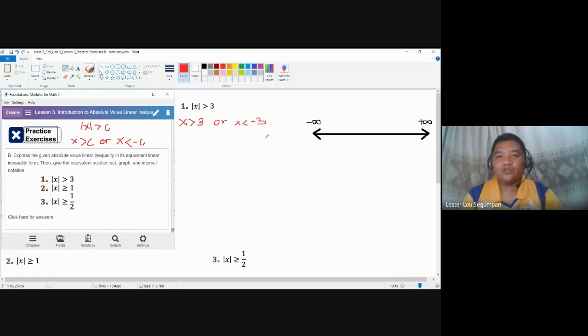If you're not sure about what we did, simply pick a number in these regions and substitute it in the given inequality. A value greater than 3 could be 4. The absolute value of 4 is positive 4, which is greater than 3.